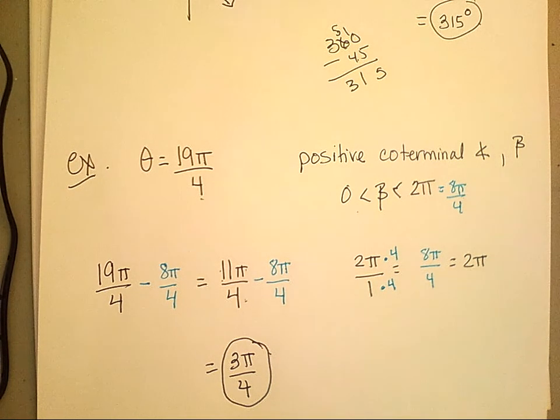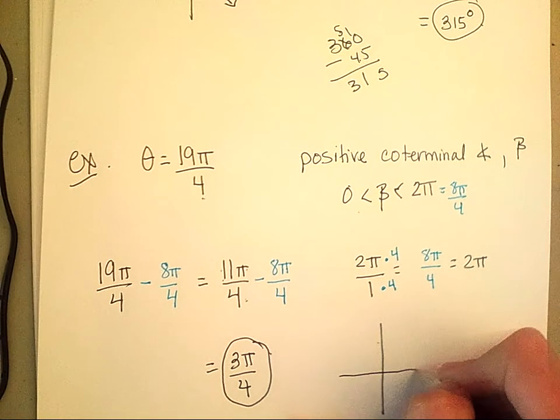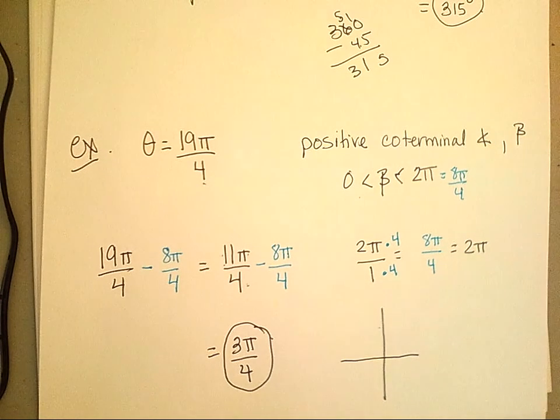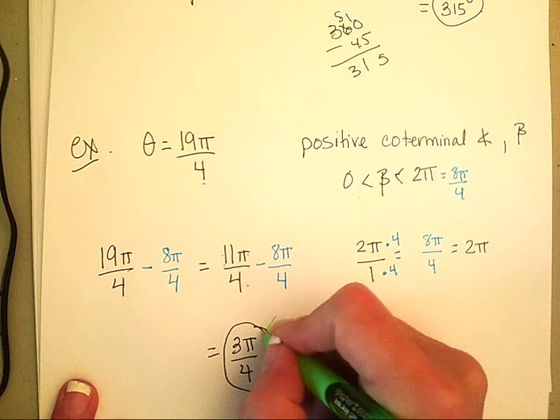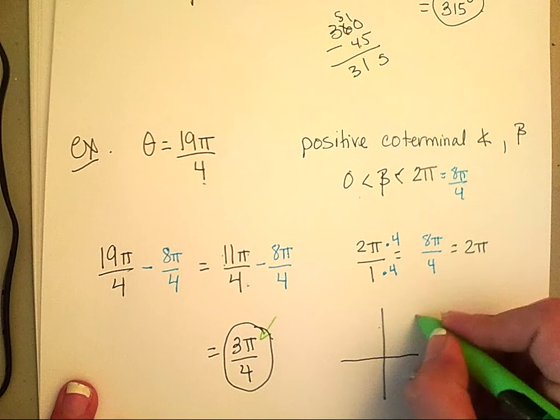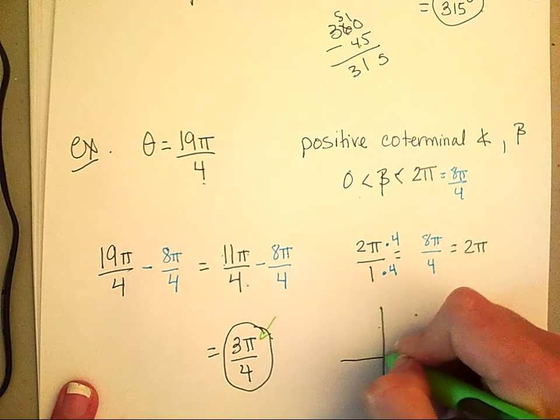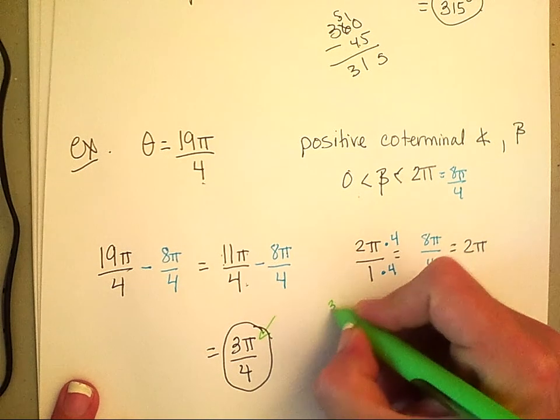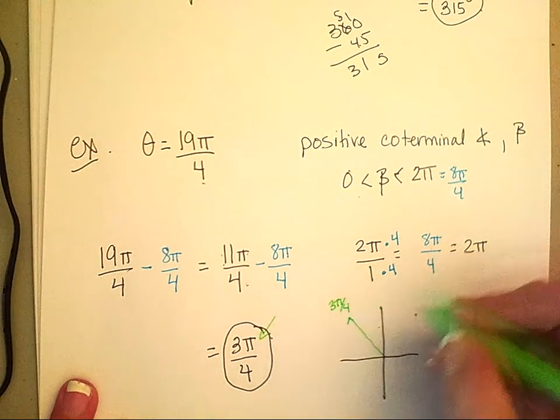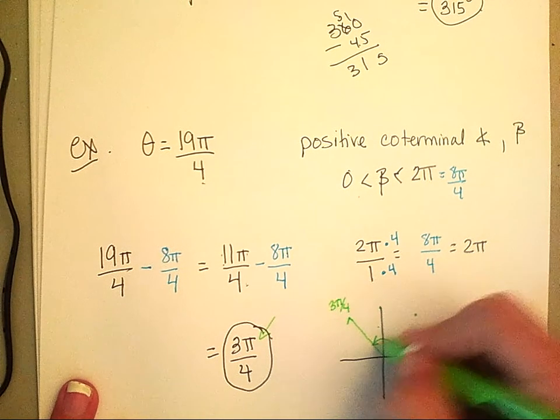So our fractions are going to become very important to us. So let's say we were to graph this. 3 pi over 4 is here. 1 pi over 4, 2 pi over 4. This was 3 pi over 4.